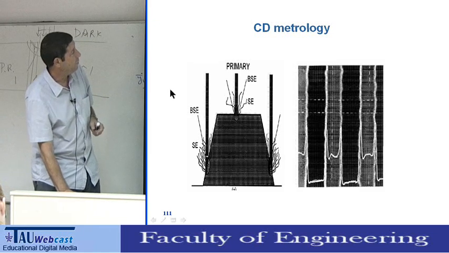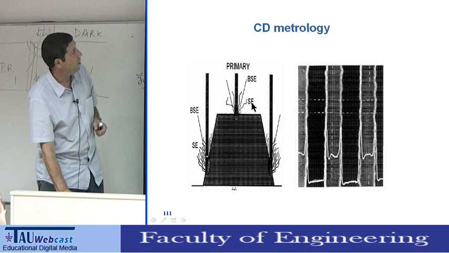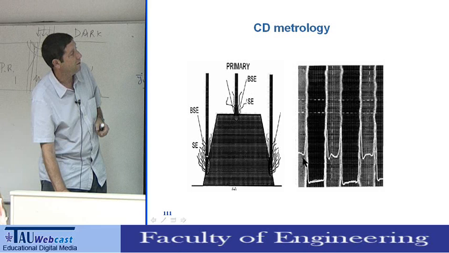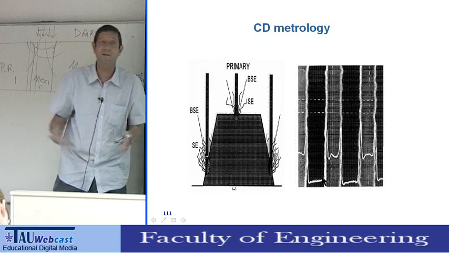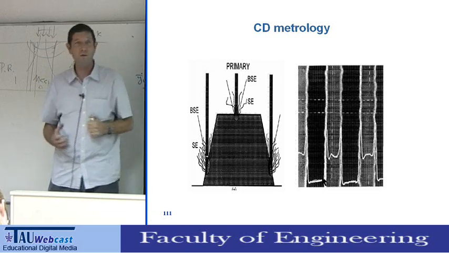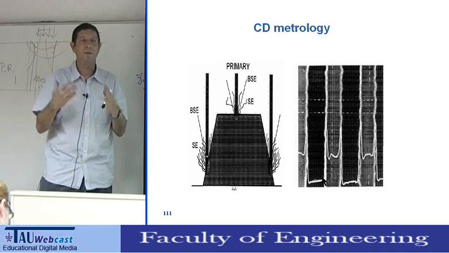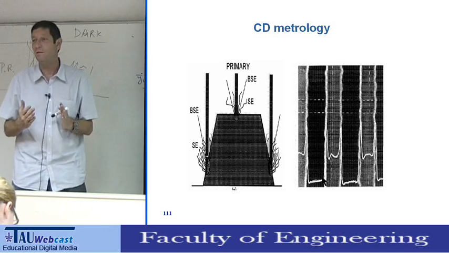And when you move the electron beam along the line, you measure how many electrons are coming out of the sample, and you have the intensity as a function of distance looking like this, and from this you can extract or estimate the line width. It's a very good method, but it's a little bit problematic because you need to know a little bit about the shape of your lines.